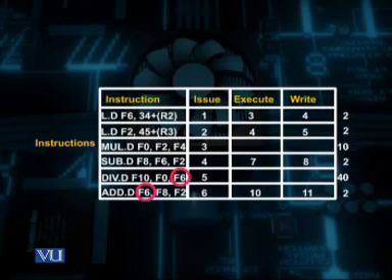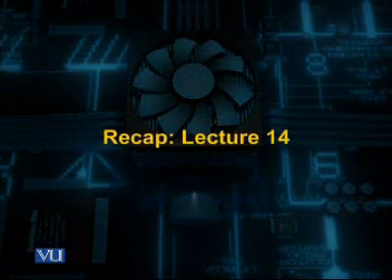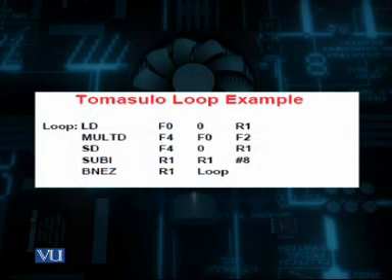Then we continued with this example, and at the end, we found that Tomasulo issues in order and it may execute out of order. So this is in fact the major advantage of using Tomasulo in order to enhance the overall performance of the system.